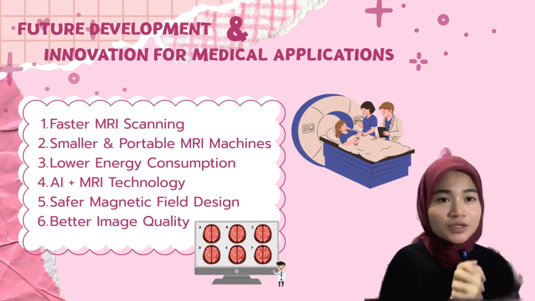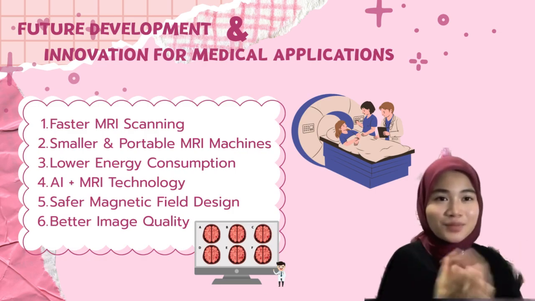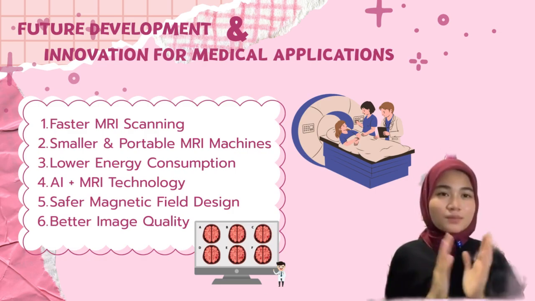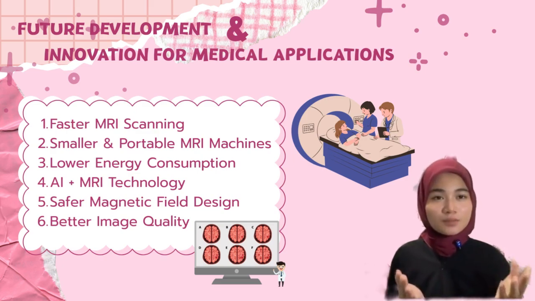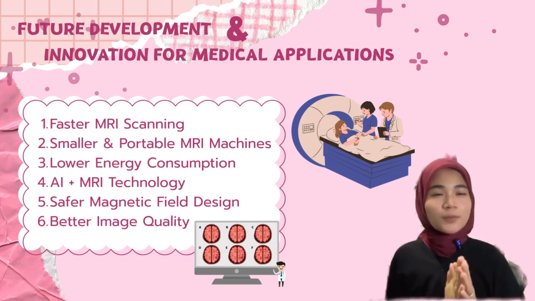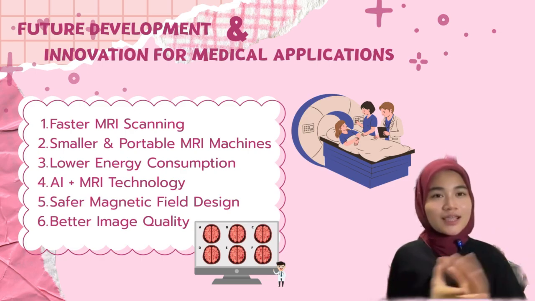Maybe another magnet will be fine, one that produces strong magnetic fields but can't harm people. The last one is better image quality. In the future, MRI machines may be more innovative and technically produce higher quality images so that it can help doctors and patients.